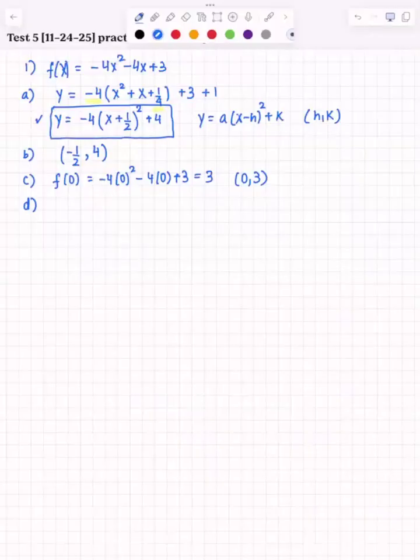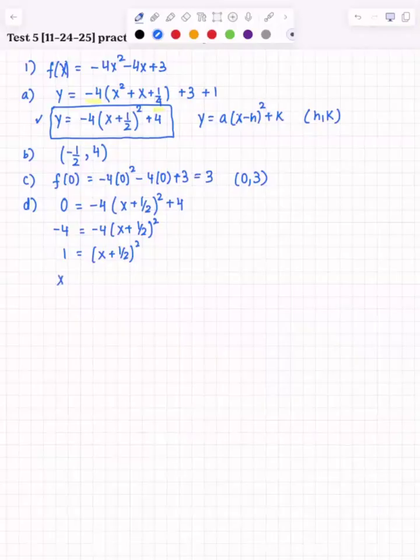So to find the x-intercept, you set y to 0. Subtract this 4 from both sides. Divide both sides by negative 4. Take the square root. Square root of 1 is 1.